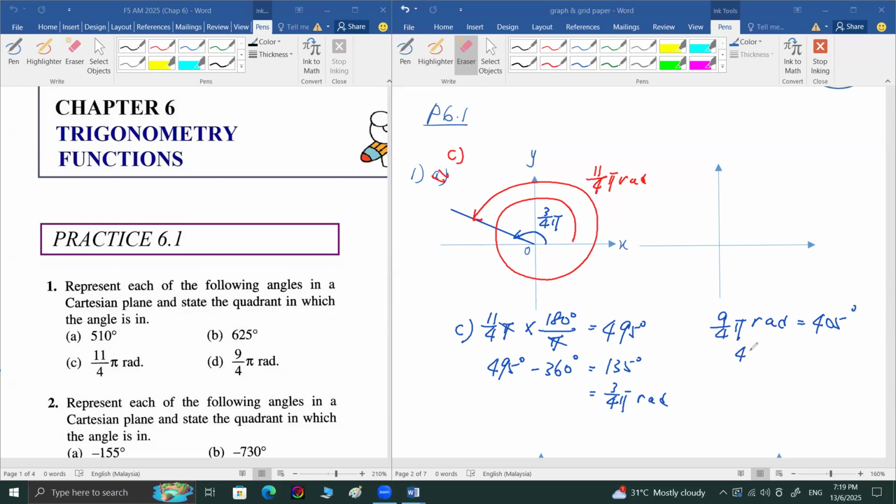Same as usual, 405, more than one round only, so you get 45. And 45, you change it back to radian. You times pi per 180. When you times pi per 180, you get 1/4 pi radian.